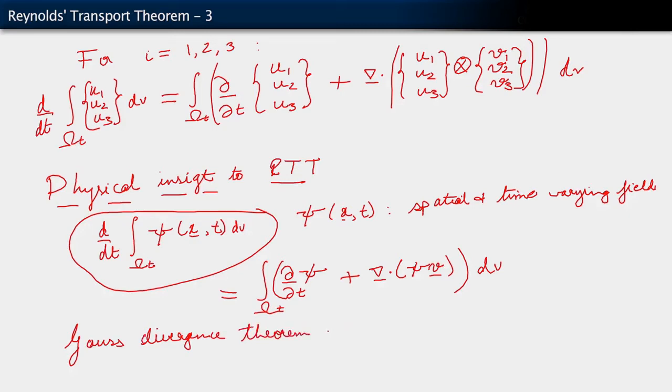It can be applied to vectors and tensors. Here we're going to apply it to the vector psi times v.